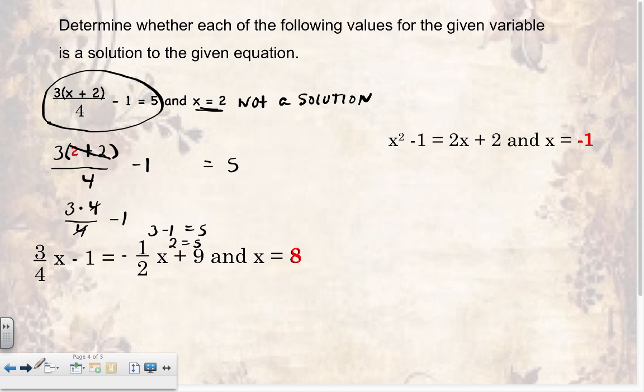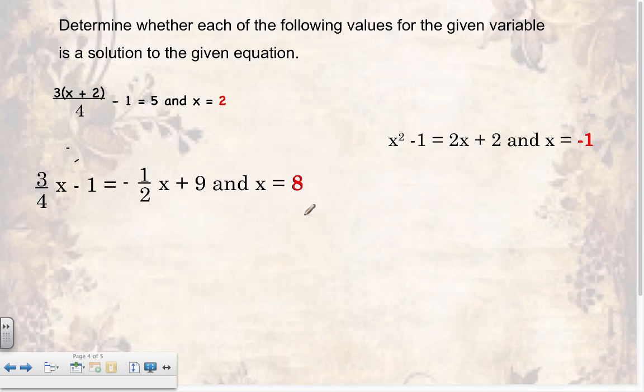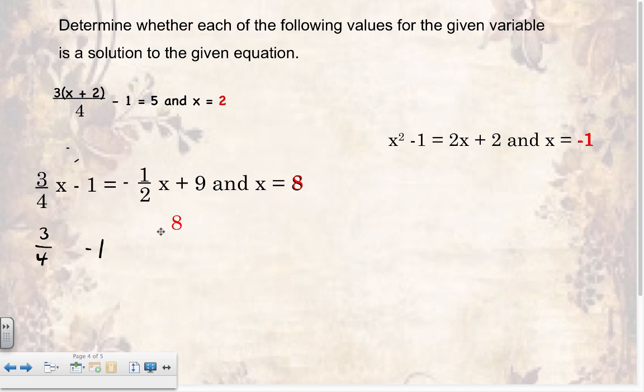All right, let me just clean this up a little bit. It's getting a little messy, and I don't like my page to be messy. All right, let's test this next one. This one's a little harder because there's fractions. So 3/4, and then in for x, they want me to put 8.